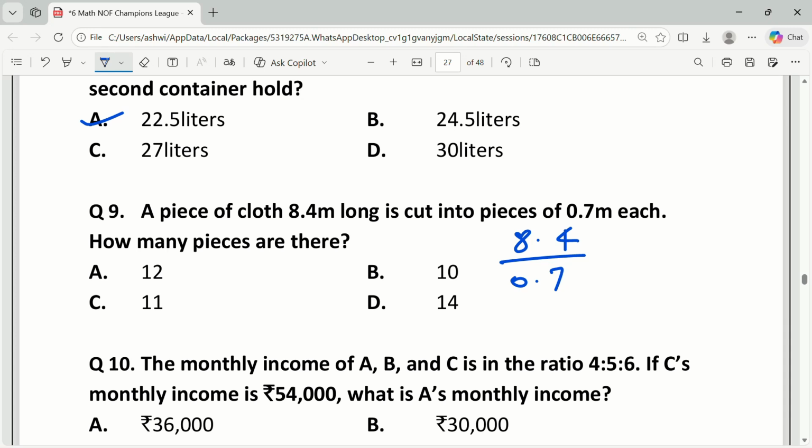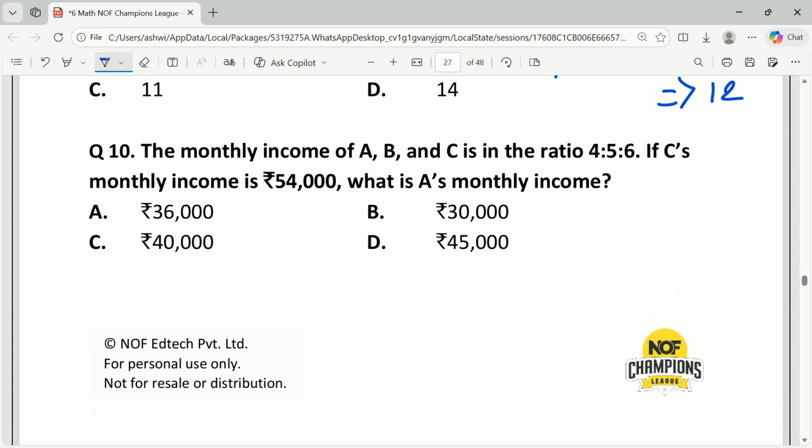Multiply both numerator and denominator by 10 to remove the decimals, which is 84 upon 7. That is 12. Comparing with the answers, the answer is E, 12.